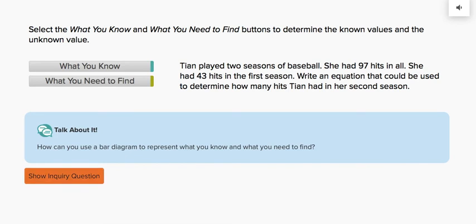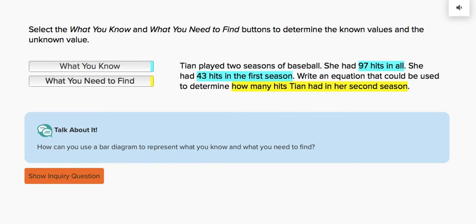Again, what we know is that Thien had 97 hits in all and 43 hits in the first season. And what do we need to find? How many hits Thien had in her second season.